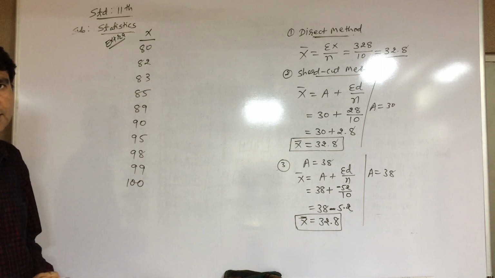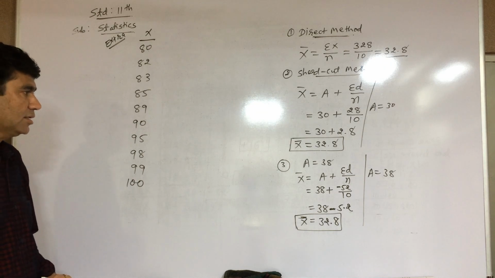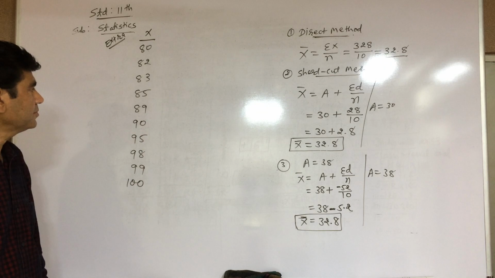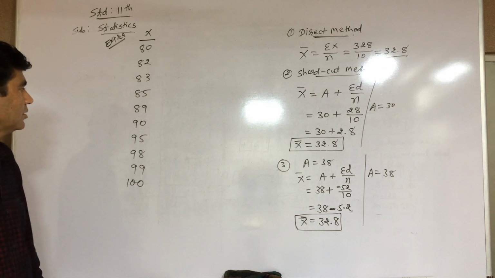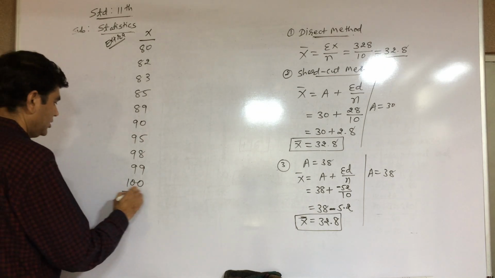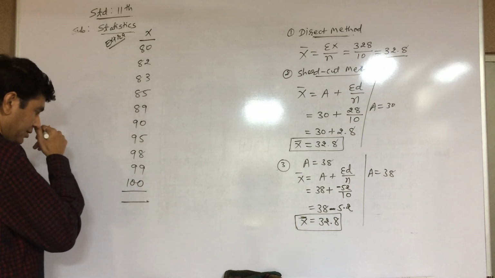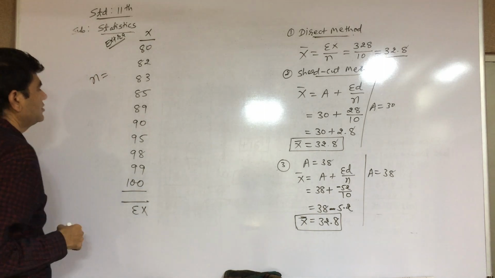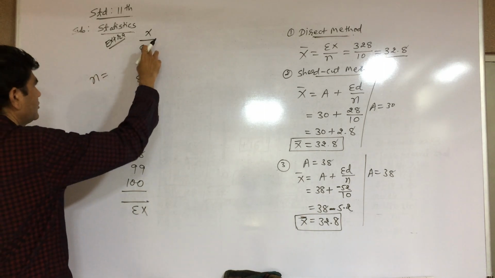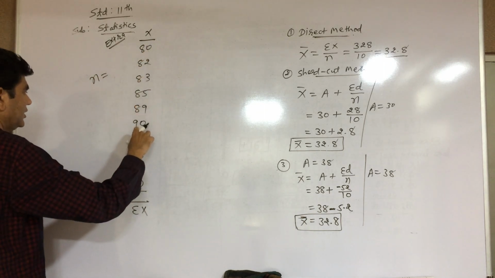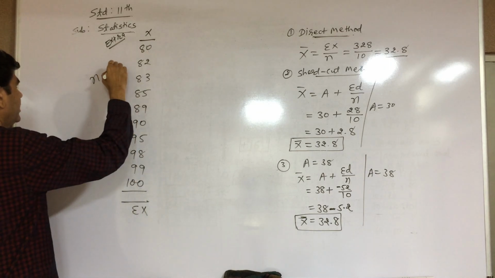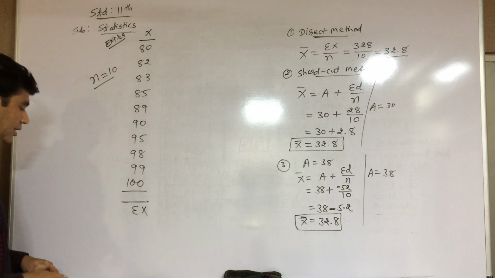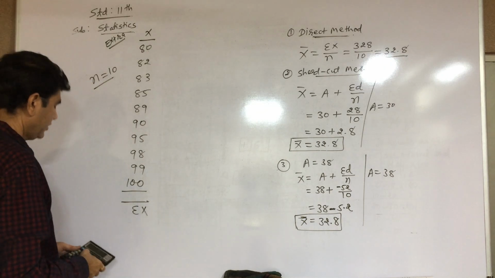First of all, try yourself. Yes, we apply both methods, direct method and shortcut method. So first direct method, we need total of observations sigma x. N is equal to number of observations 1, 2, 3, 4, 5, 6, 7, 8, 9 and 10. Find out total with the help of calci.